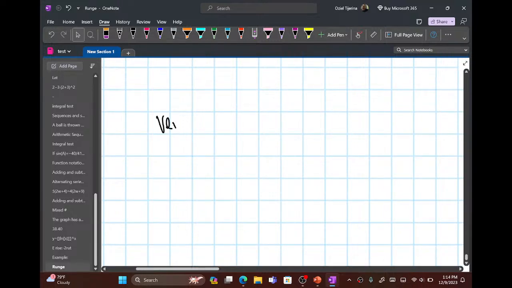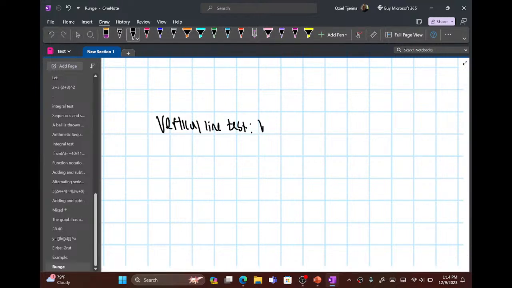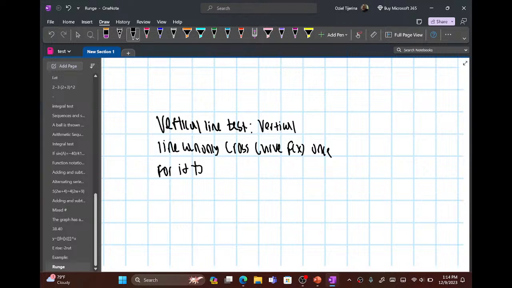So vertical line test: a vertical line can only cross the curve f of x once for it to be a function.